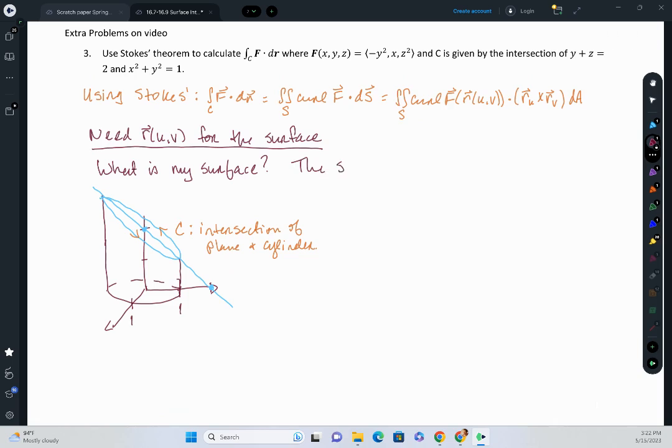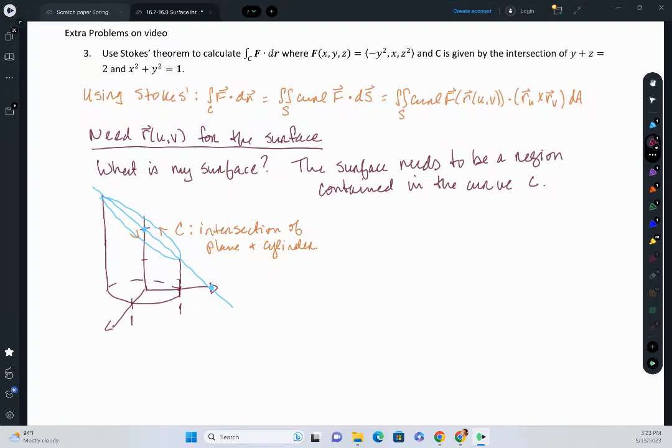The surface needs to be a region contained in the curve C. That could be that the curve C closes off the top of a cylinder and we take the surface to be the whole cylinder, and also the top. Or we could say that that elliptical shape that is contained in C, that's a surface.